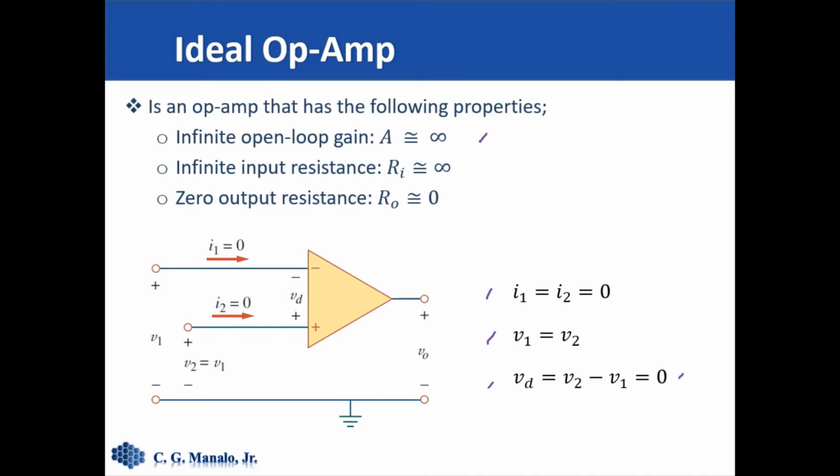The input resistance R sub I is also infinite, while the output resistance R naught is equal to 0. This simplification of the characteristic of op-amps makes the analysis of circuits involving op-amps very short. And moving forward, we'll be dealing with circuits containing op-amps as if they are ideal elements.